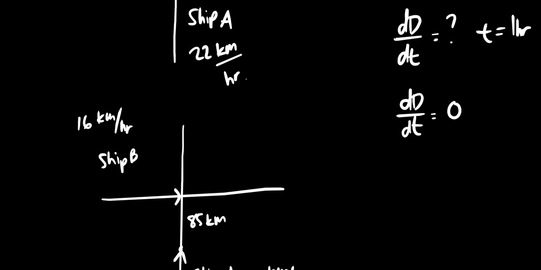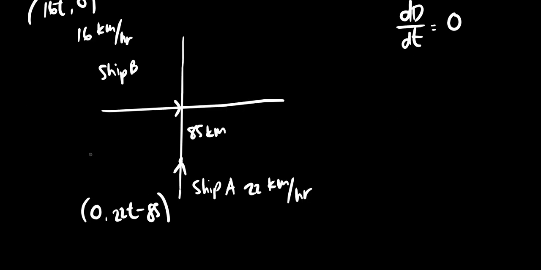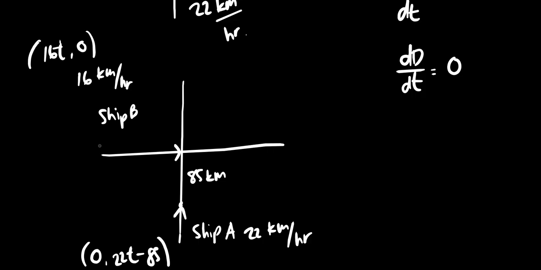For ship B, x equals 16t and y equals 0. Let's say this is our x sub 1, y sub 1, and this is our x sub 2, y sub 2.